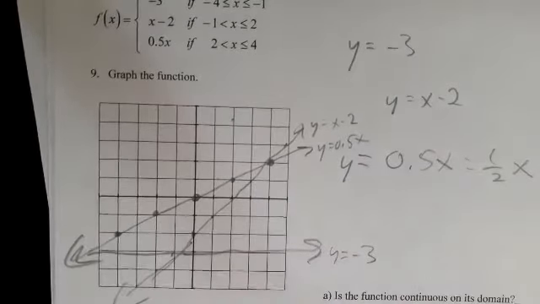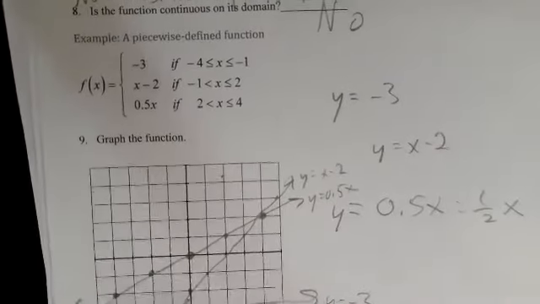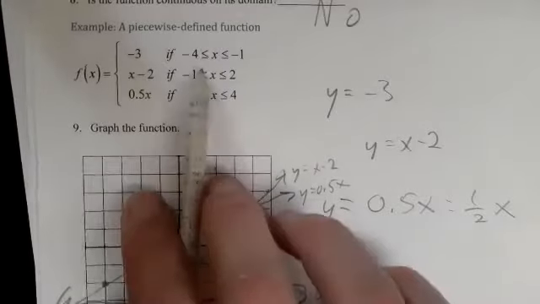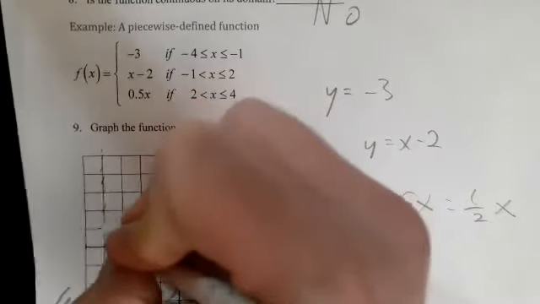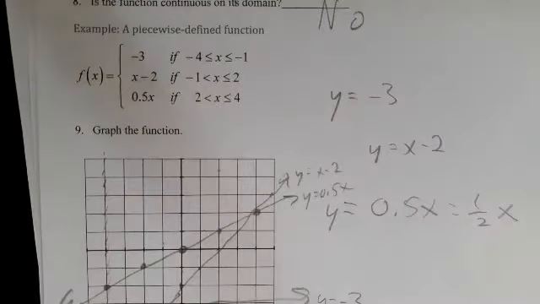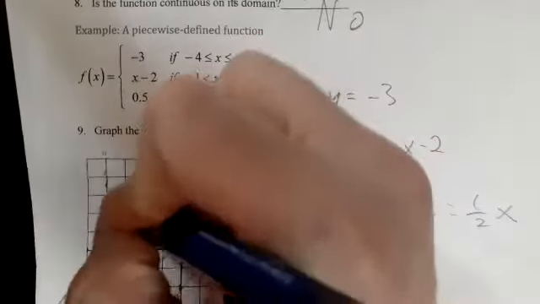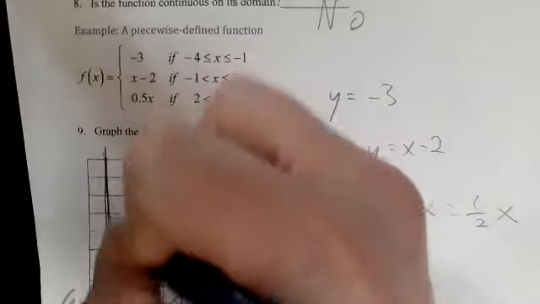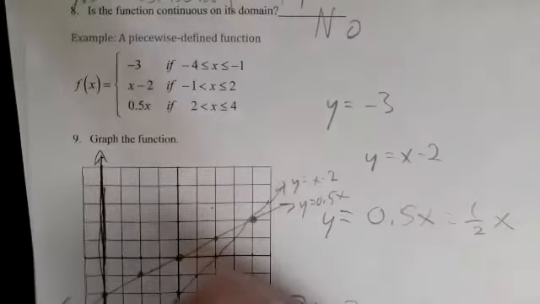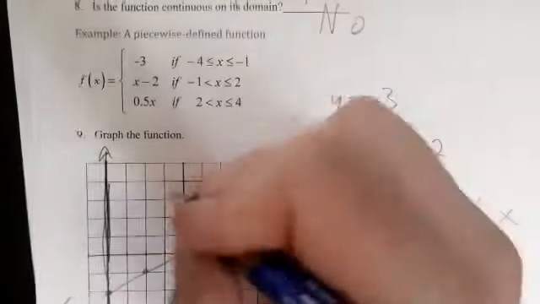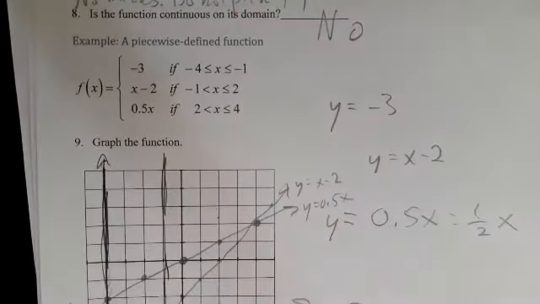Okay. Now I want to look at these domain restrictions. I'm looking at this first one. I'm going from minus 4 to minus 1: 1, 2, 3, 4. I'll draw it with some pen maybe. Minus 4 is right here.